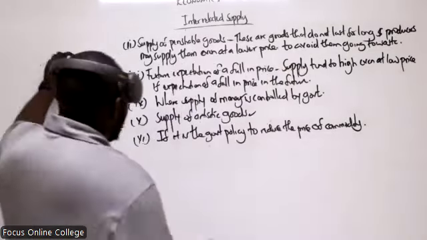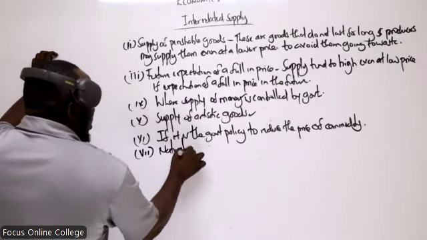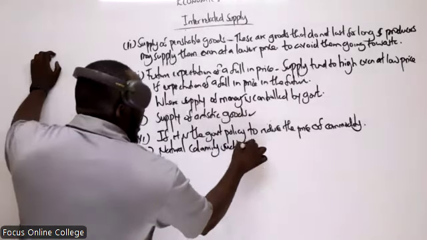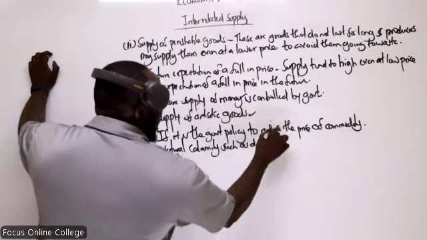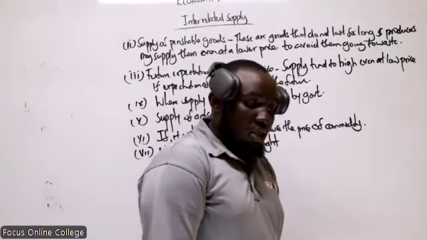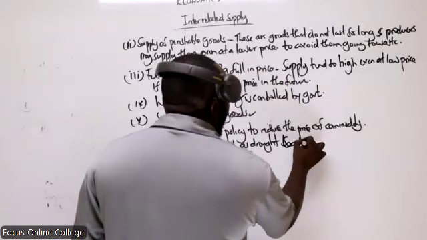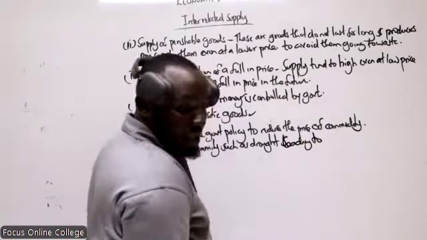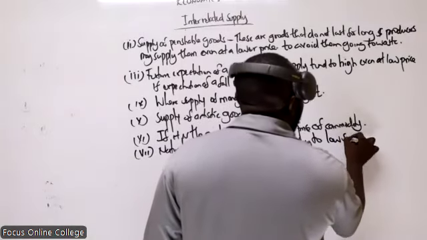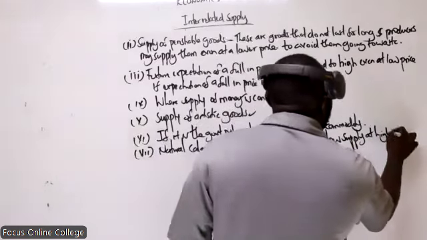Natural calamities such as drought, leading to low supply at high price.